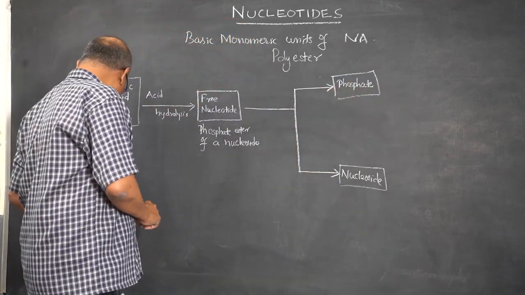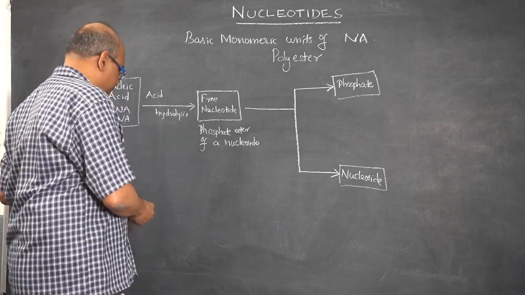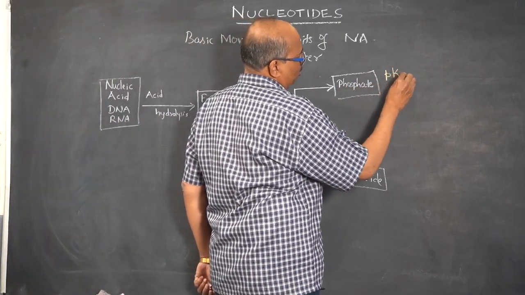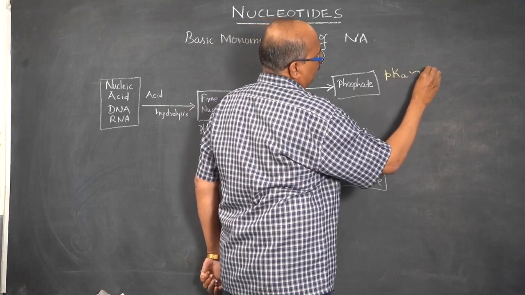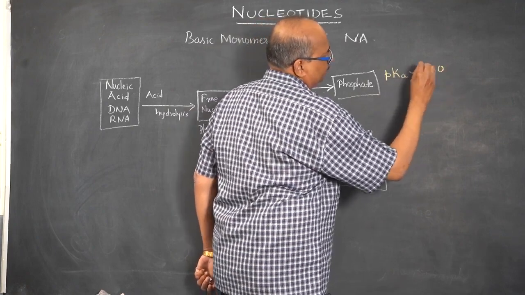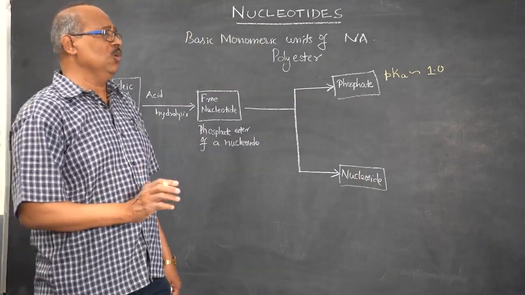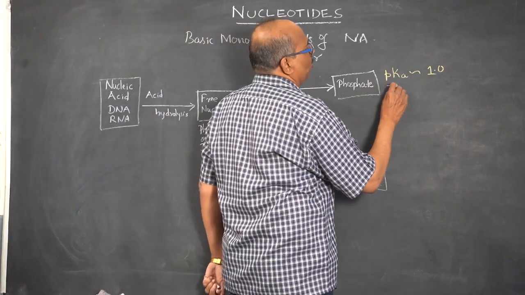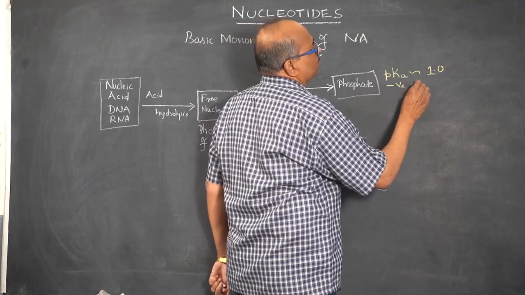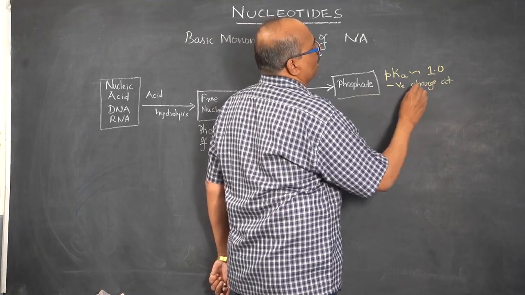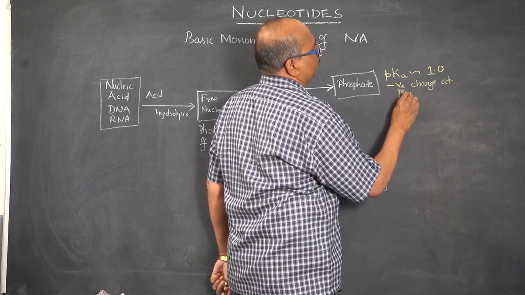The phosphate has a pKa value, dissociation constant, that is close to 1. Since the dissociation constant is so low, it will have negative charge at physiological pH.